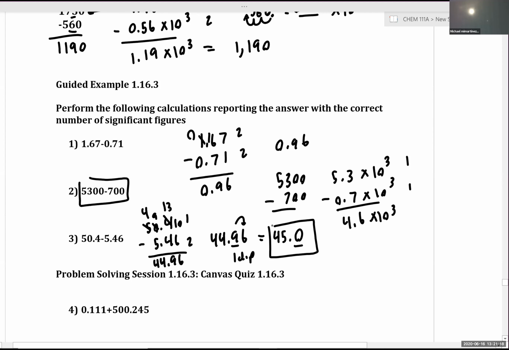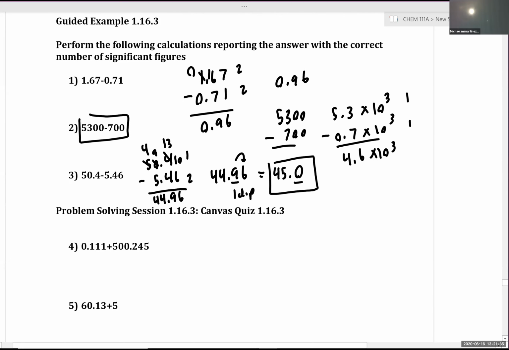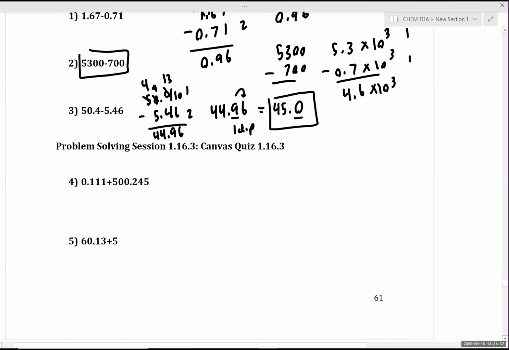Does this make sense to everyone? Are there any questions on these examples? Okay, so let's take a moment and work on the following two examples.